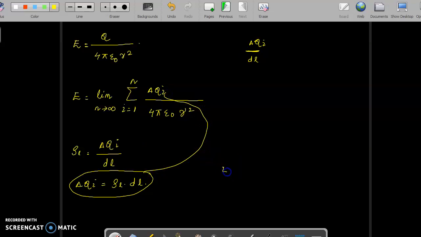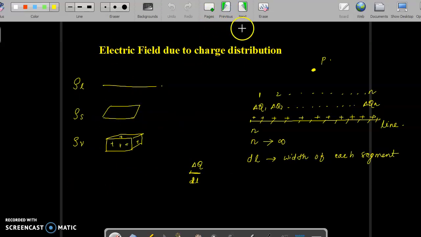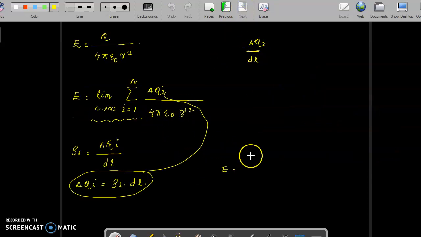So E becomes, now I am changing this limit and sigma function with integration. Here the length of the line is from 0 to L. So I am integrating, that is a line charge integration.